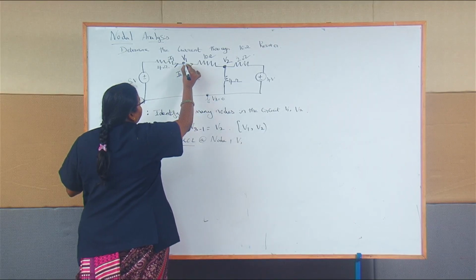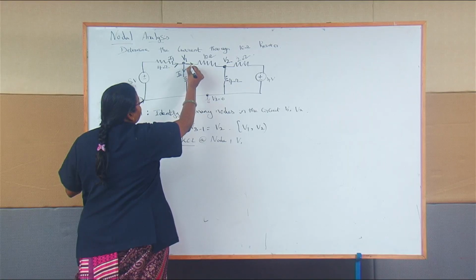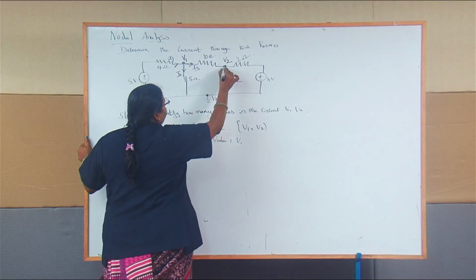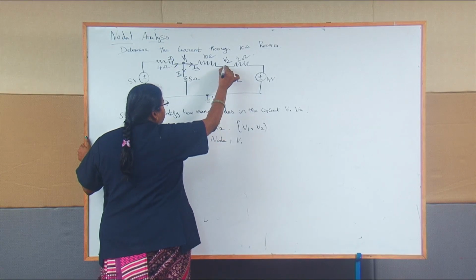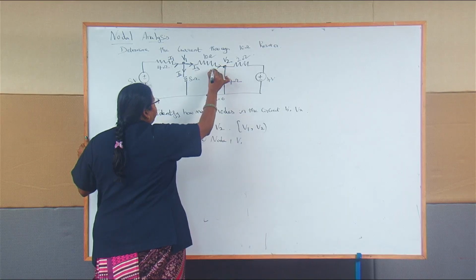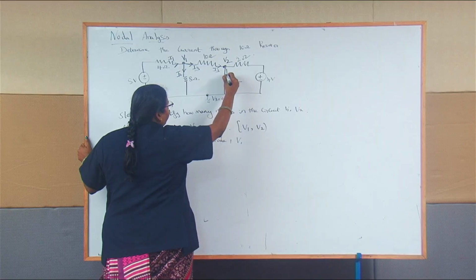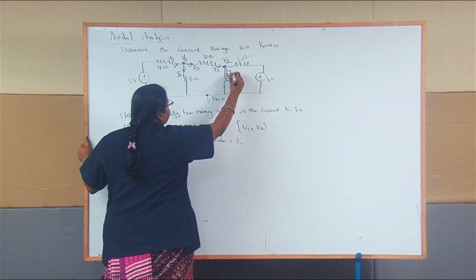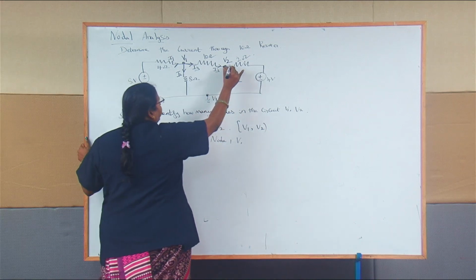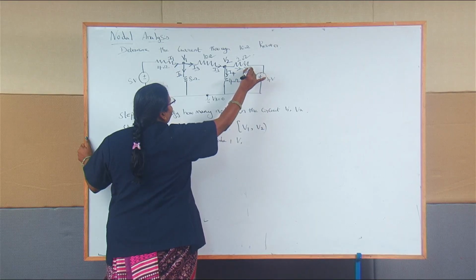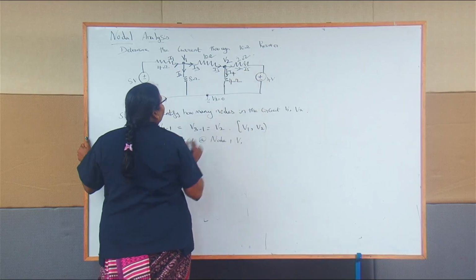Then this current leaves the node, so this is I3. Similarly, if I assume this node, the entering current is I3 only, and the leaving current is I4. Similarly here I5.